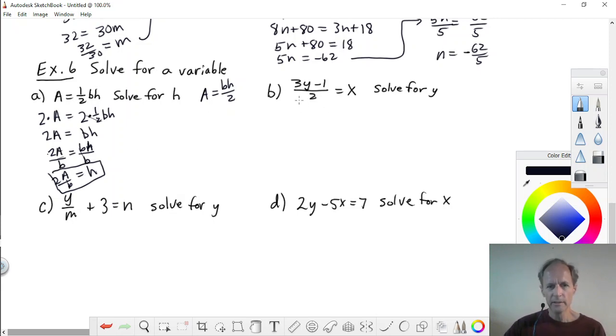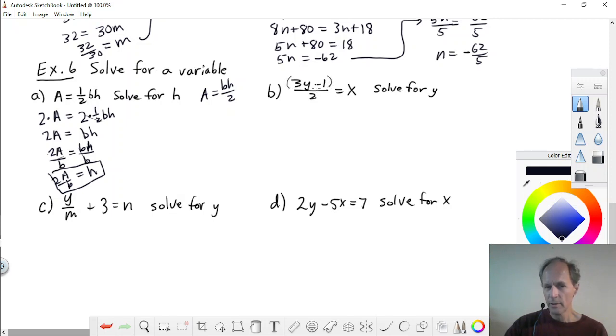So next one. Solve this for y. We see this 2 on the bottom, so it's going to start out like the other one. We can't get rid of any of this other stuff. We need to solve for y, but we can't get rid of the 1. It's grouped, and we could write these parentheses in here.